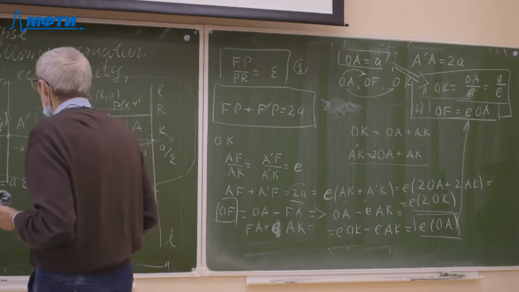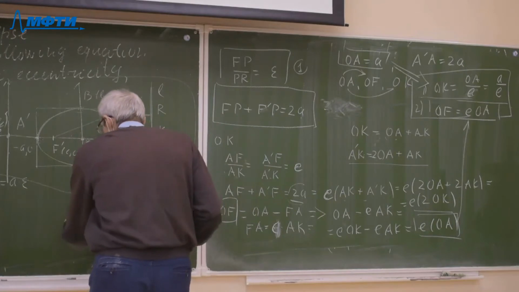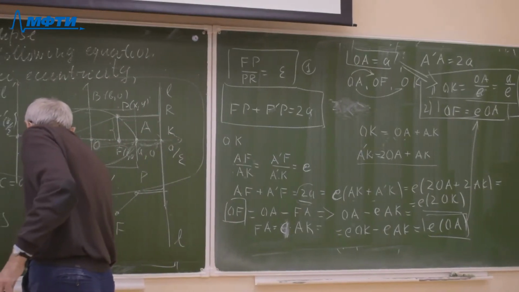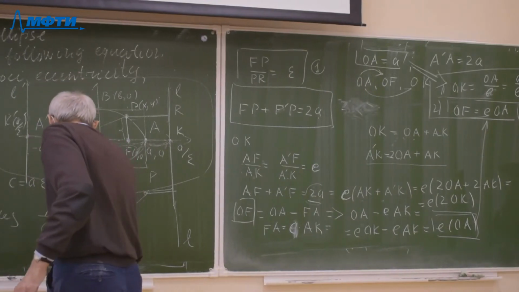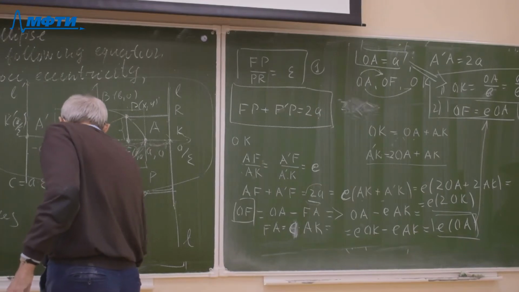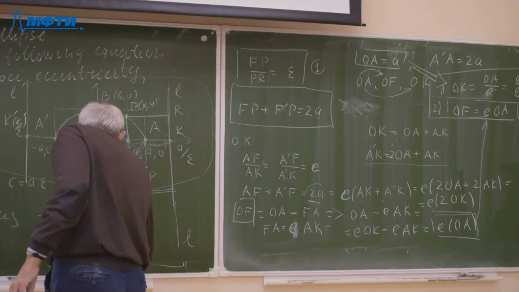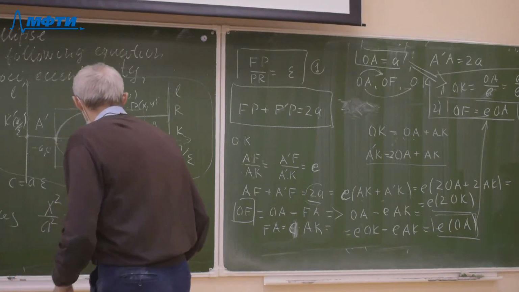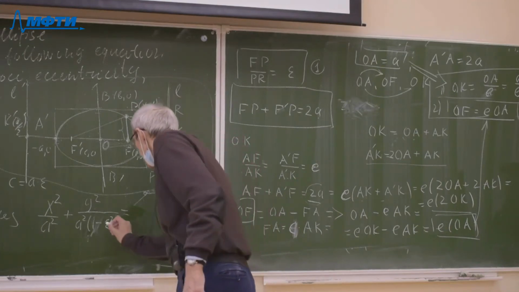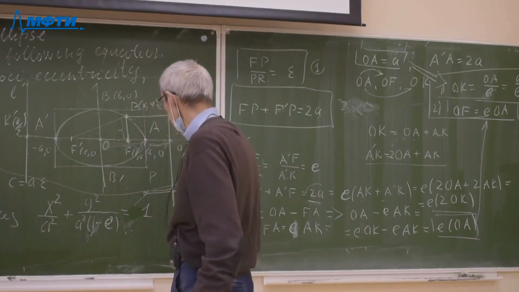And we obtain the following canonical equation of the ellipse in the following form: x over a squared, plus y squared over a squared times (1 minus e squared), is equal to 1.